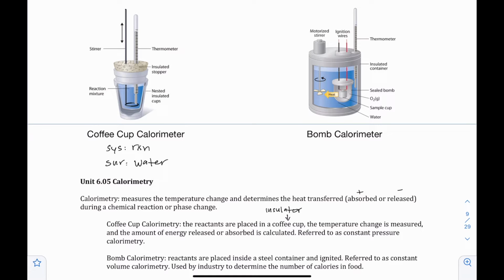So the biggest difference between a coffee calorimetry problem and a bomb calorimetry problem is your system is still going to be whatever part of the reaction your problem is focusing on, but the surroundings will be the bomb calorimeter itself. So you will be given information about the calorimeter, such as the specific heat of it, in order to calculate your delta H for the surroundings.